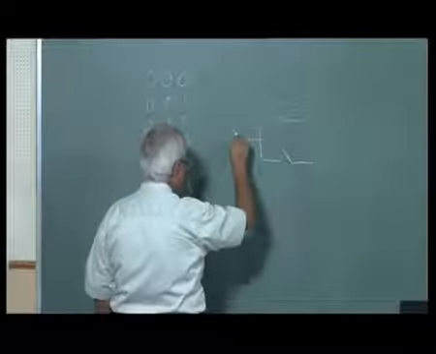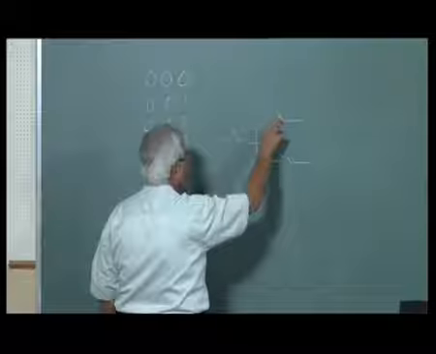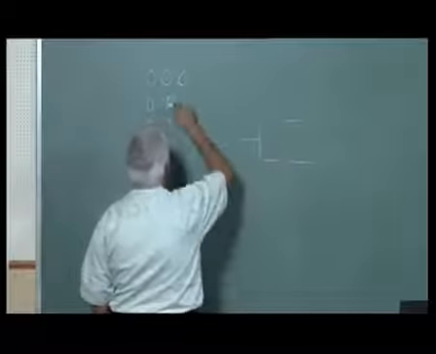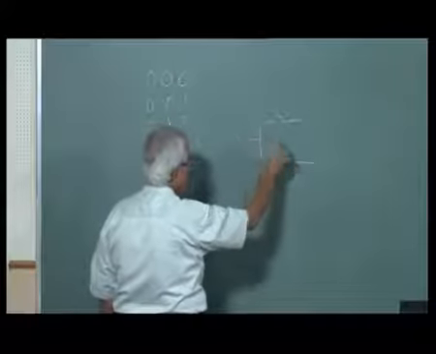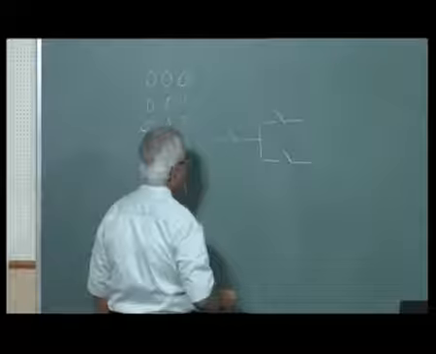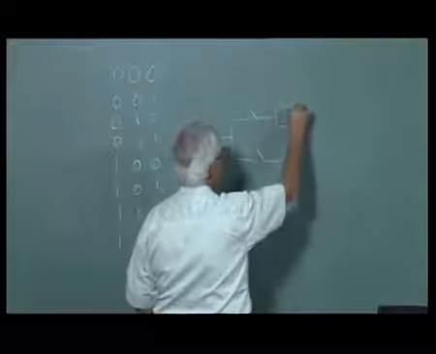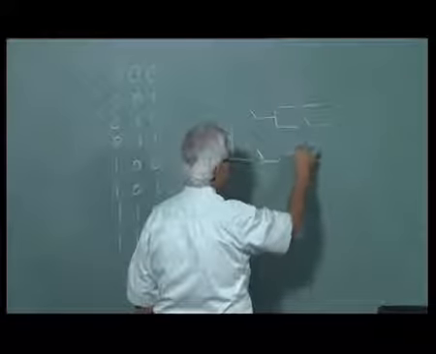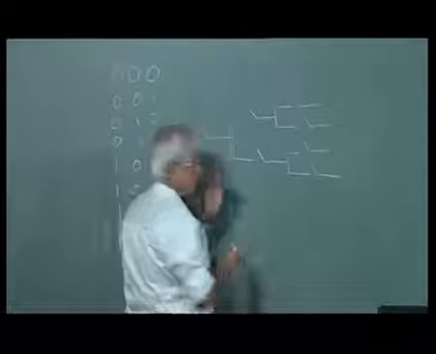If this is open, this is 0 and this can also be 0. This can still be 0 and this can be 1. Or this is closed, this is 1, this can be 0, this can be 0 and 1 and 1. Now this level will have two more. So this is how we form the switches.